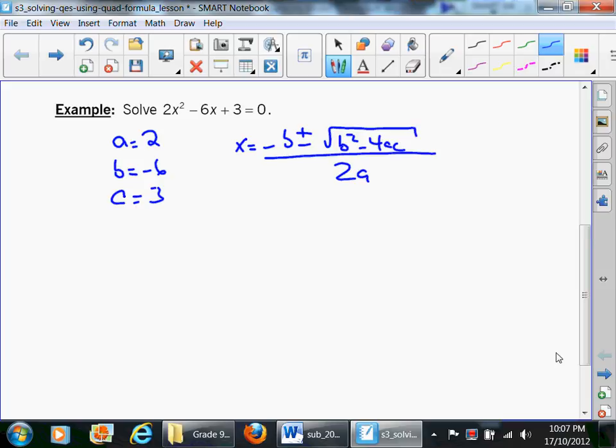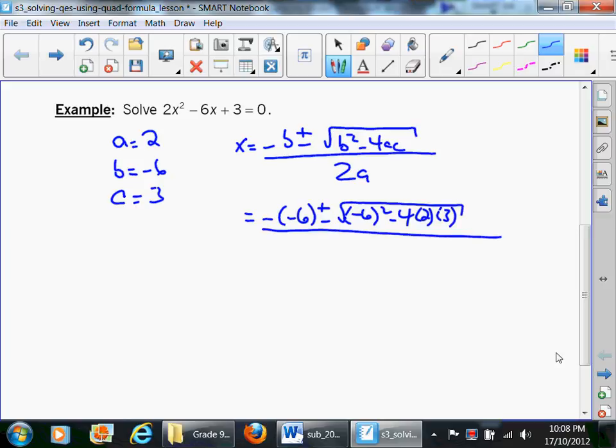Now, all we have to do is plug in our values for a, b, and c. So, what's b? b is negative 6. So what we have to do is write negative b, so negative and then negative 6, plus or minus the square root of b squared. So that's negative 6 squared minus 4a, which is 2, times c, which is 3, all over 2 times a, which is 2.